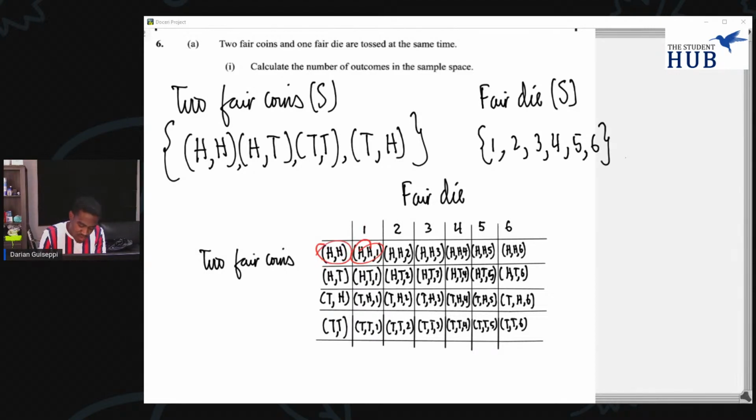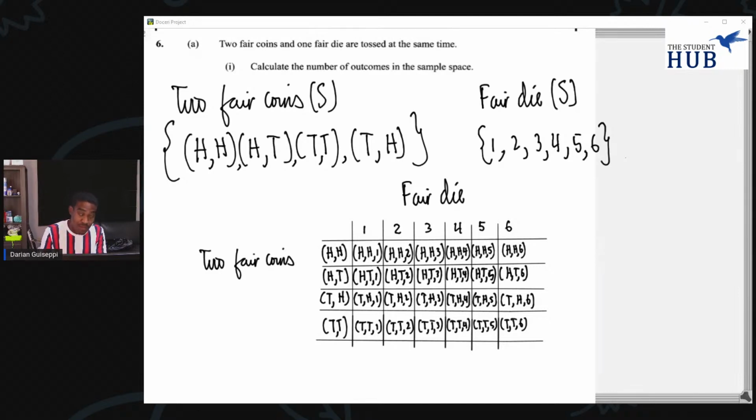Your head and your head with 2, that's our next outcome. We're just combining the outcomes, and this gives us the whole sample space. That's a neat way of getting the entire sample space. And if you look at it, clearly you can see this is 4 outcomes by 6 outcomes, and 4 by 6 is 24.